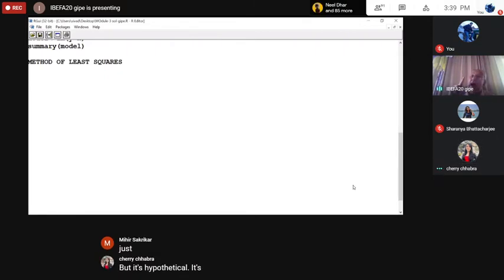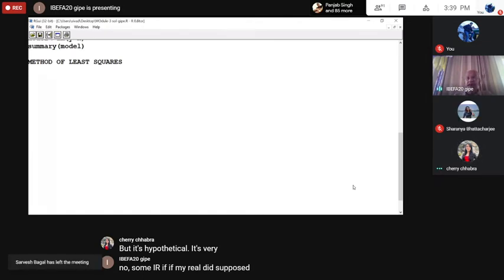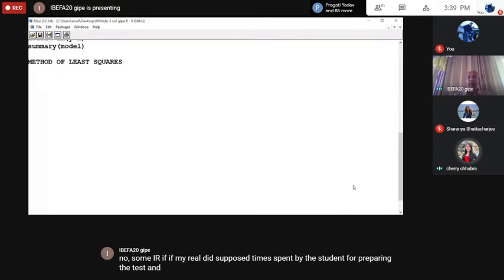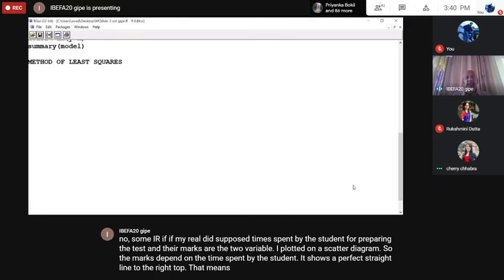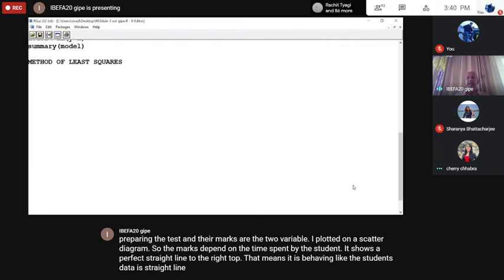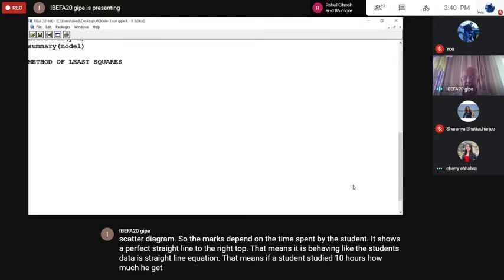No. Suppose the time spent by a student preparing for a test and their marks are the two variables I plotted on a scatter diagram. The marks depend on the time spent by the student. It shows a perfect straight line to the right top. That means it is behaving like a straight line equation. That means if a student studied 10 hours, we can estimate how much he can get, and that estimate will be his true number.